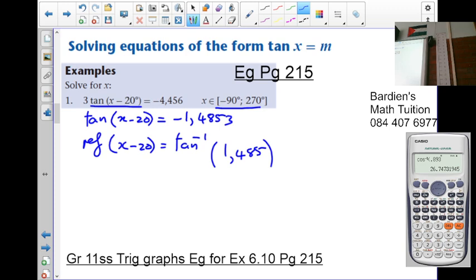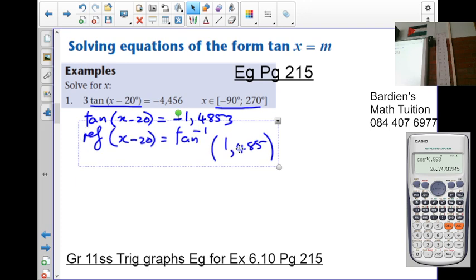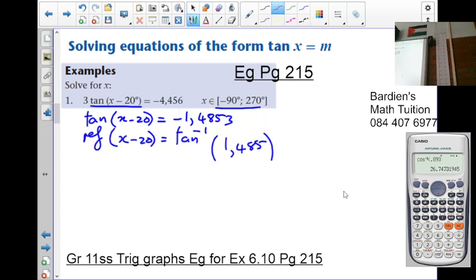Put that in the calculator. So it's equal to?